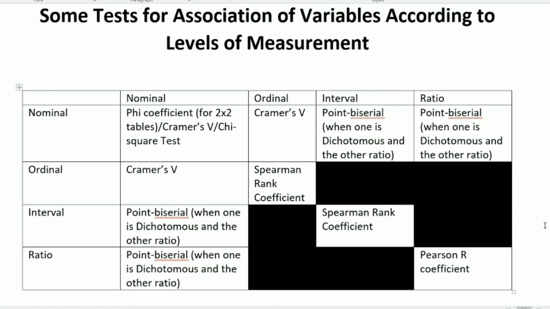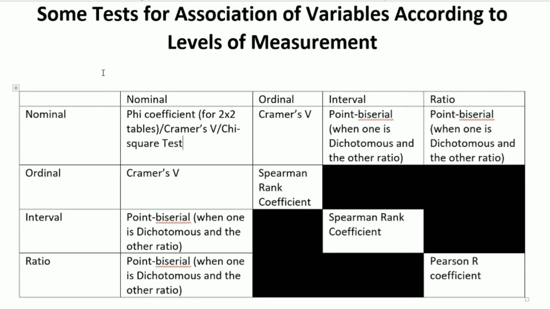Okay, so for this lecture, we will discuss tests for association of variables. These are some statistical tests that we can use for testing associations between variables according to their levels of measurement.